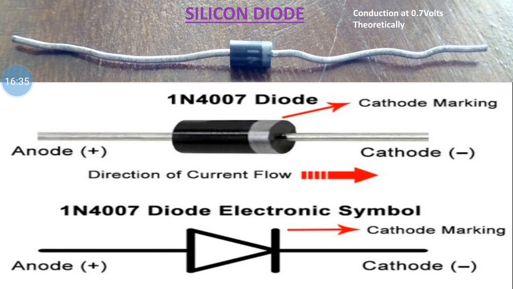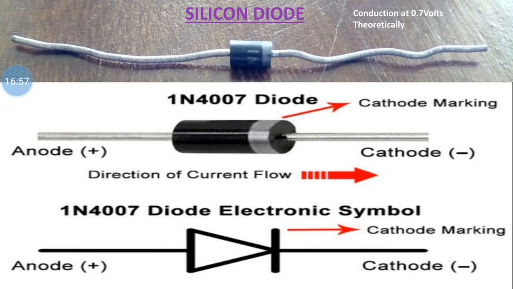Silicon diodes. Silicon diodes have a code of IN4007. Its cathode can be identified by a silver ring coating, which is shown here, marked as cathode.